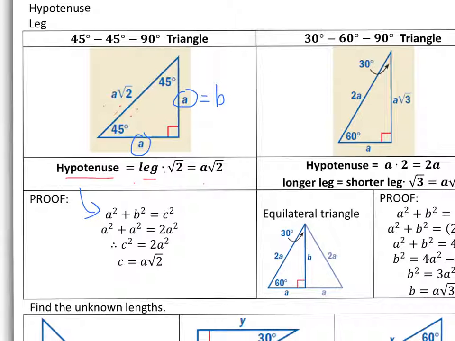So b squared, I could substitute that for a squared. So a squared plus a squared equals 2a squared, which also equals c squared. So I can let c squared equal 2a squared, and then we take the square root of both sides. C would equal a square root of 2.